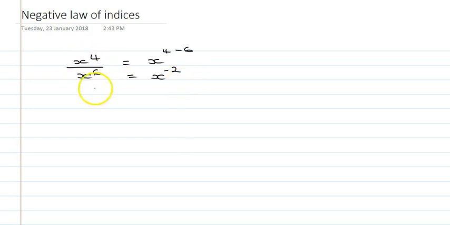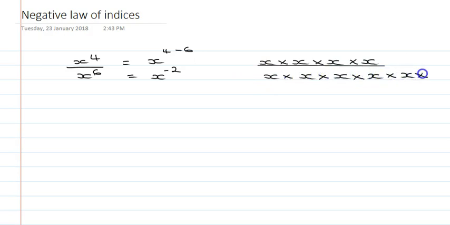Looking at this, if I was to do expanded factor form, x to the power 4 would look like x times x times x times x, all divided by x to the power 6, which is obviously this with an extra 2 x's. Now, you can do some cancelling here. And when you cancel things that are multiplied together, you're left with 1.